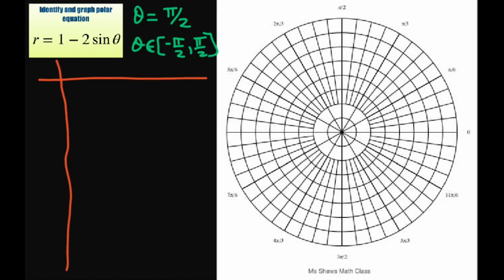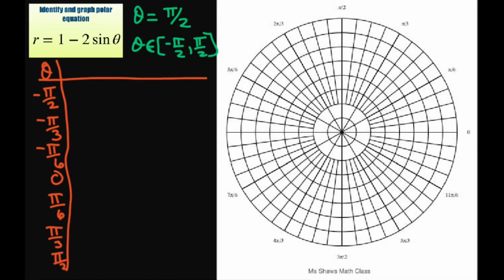We're going to write theta, starting at negative pi divided by 2, then negative pi divided by 3, negative pi divided by 6, 0, pi divided by 6, pi divided by 3, and then pi divided by 2.